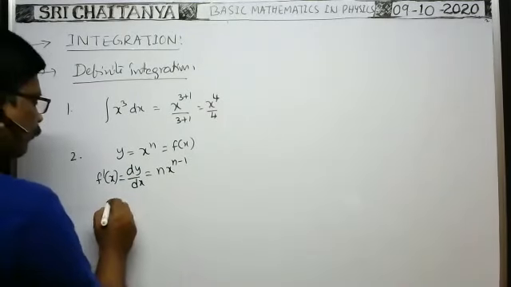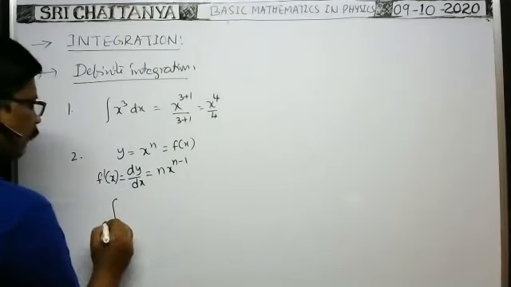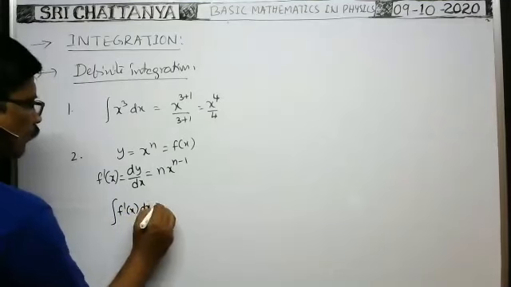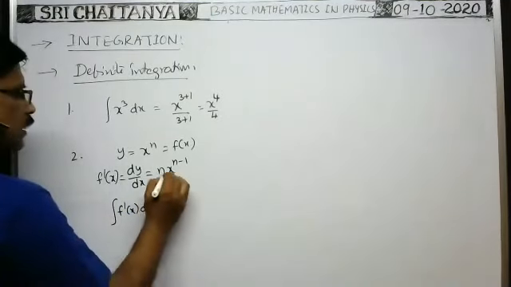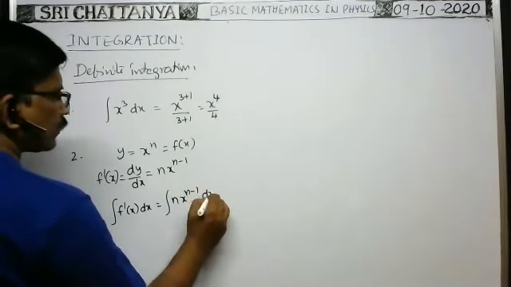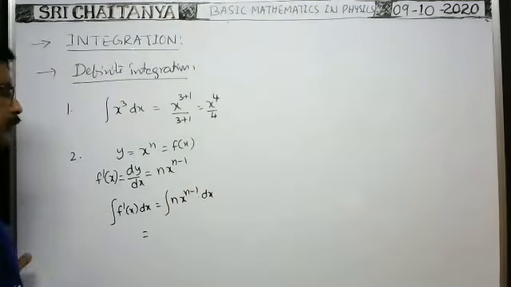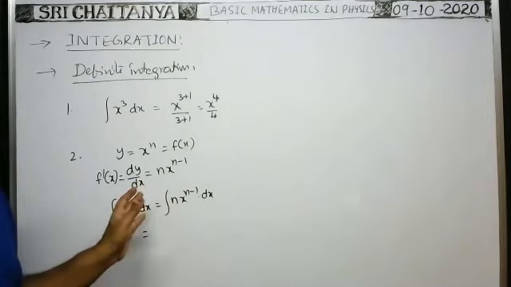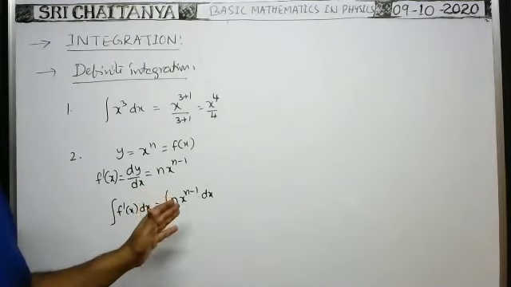Now integral of, already I said, integral of this f dash x dx is equal to what? Integral of f dash x means n into x to power of n minus 1 into dx. Okay, now n is the number, it is constant. You write outside the integration.